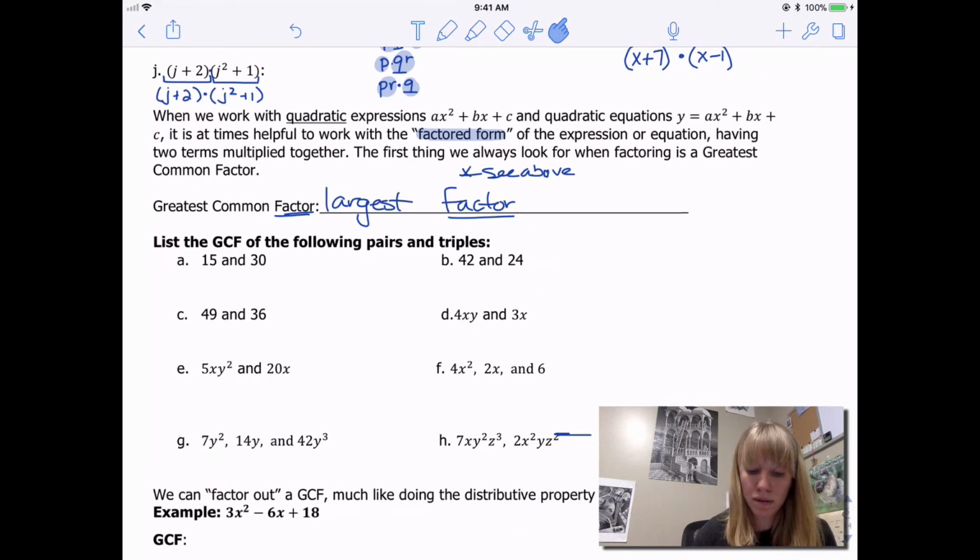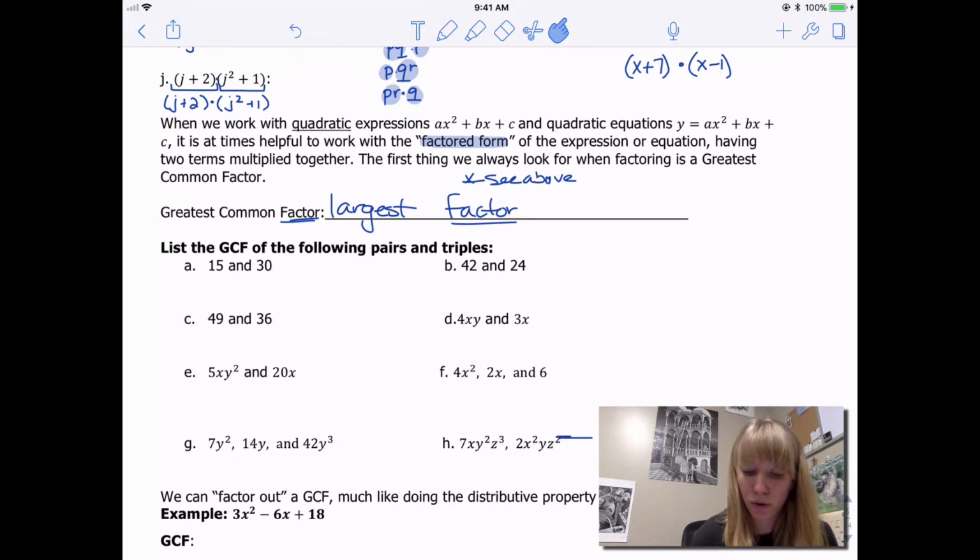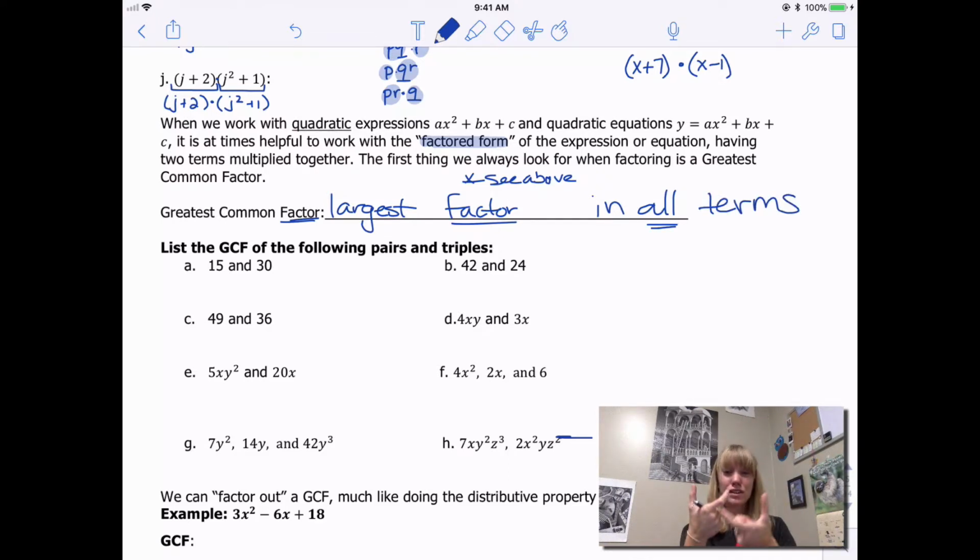And then common is in both or in all terms. So it's got to be common to every single term in my polynomial. If you have two terms, then it's got to be in both terms. If you have three terms, then it's got to be in all three terms. And we'll see what that looks like here.